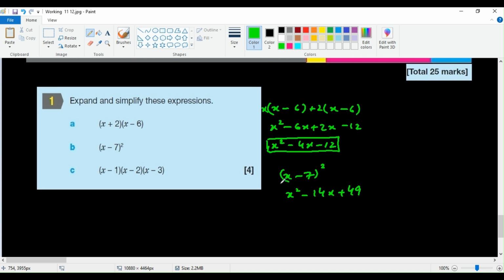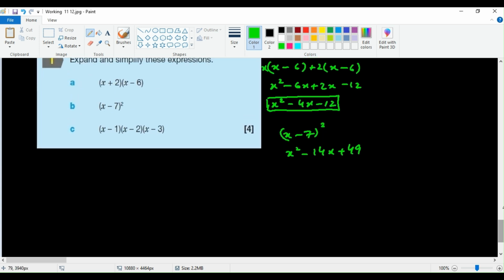Now comes part C. In part C, what we are going to do is write x minus 2 two different times as the first step. Because this is a 1 mark question, and this one is a 2 mark question, to make it 4 marks.